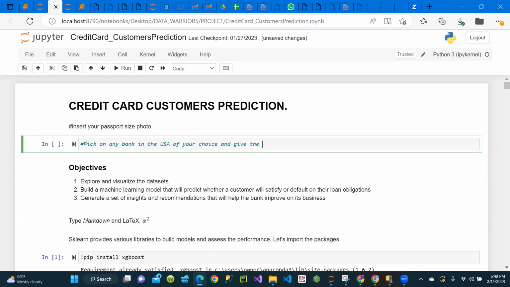Give the bank profile. So you understand what I mean when I say you give the bank profile? Not really. A profile means you give us some little history about the bank. The Bank of America was established in such and such a year. They adopted the use of technology in this year. They brought in the data science department at this particular time.